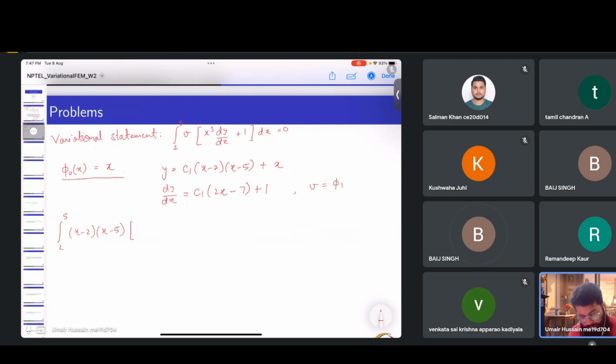So we have x cube times dy by dx. That makes it c1 into (2x to the power 4 minus 7x cube) plus x cube plus 1.